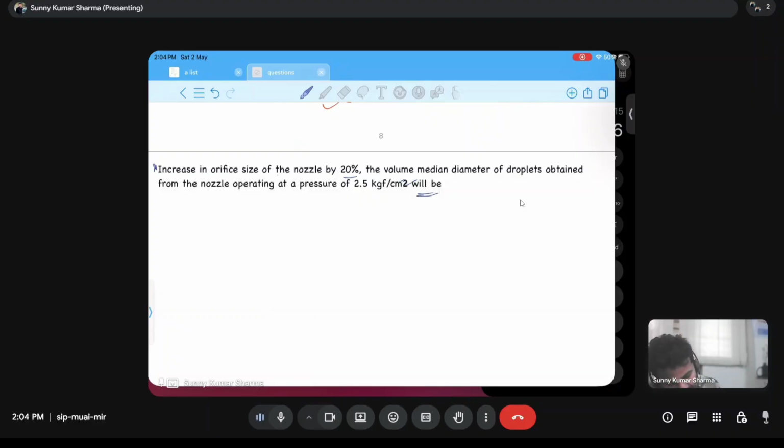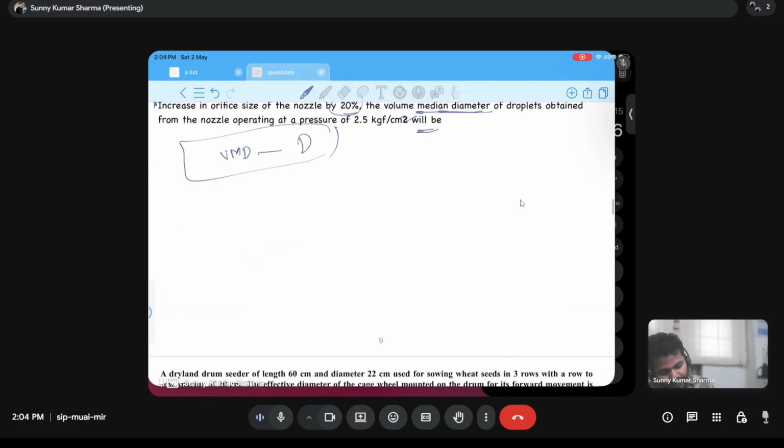So if we increase the orifice diameter by 20%, then what will be the effect on VMD of the droplet? So we need to know the relationship between VMD and orifice diameter, which is denoted as D.